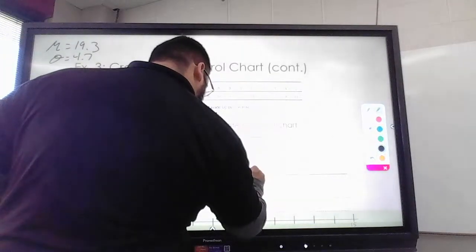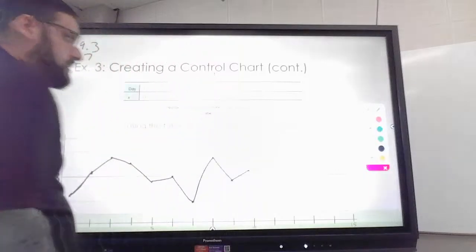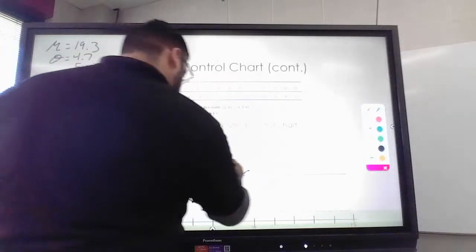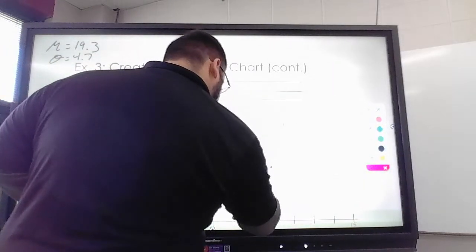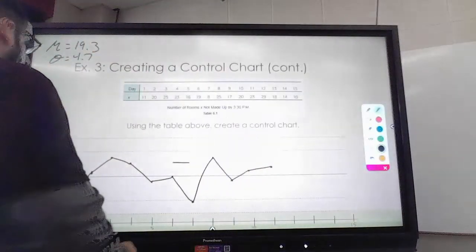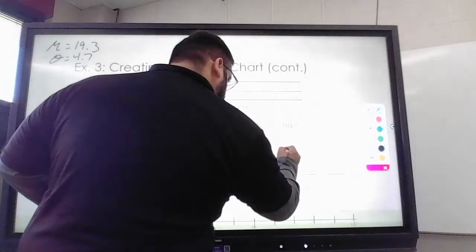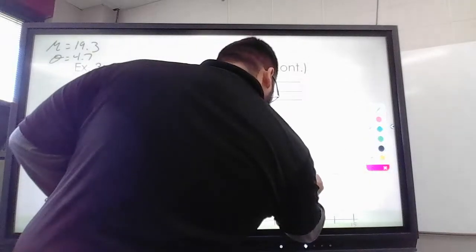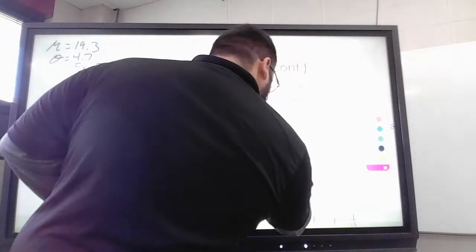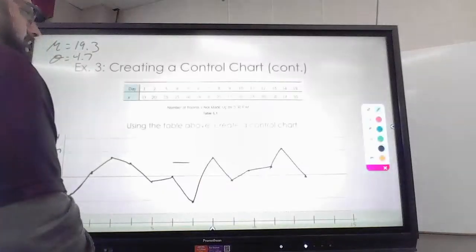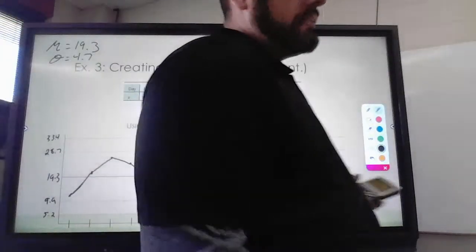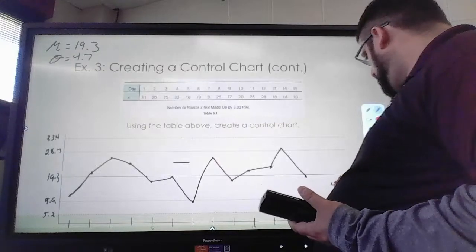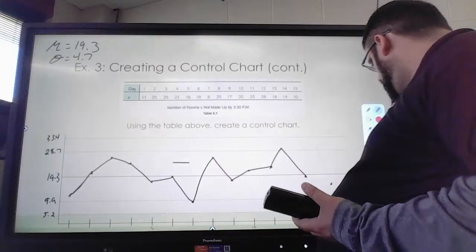So right above here. Day 11 is 23. Day 12 is 29, so right above here. Day 13 is 18. And I recognize that these might not be aligned perfectly, but that's okay. Then day 14 right in the middle, and then day 15 is 10, right here.